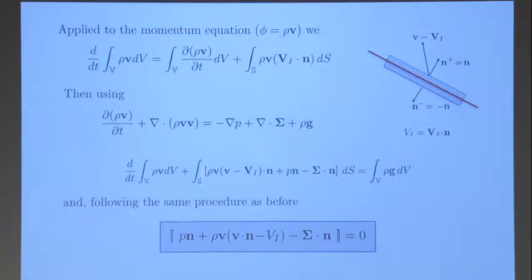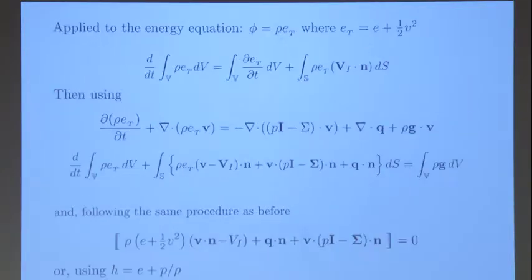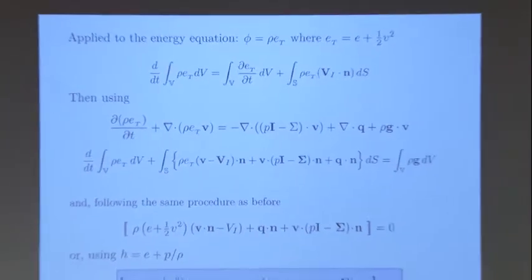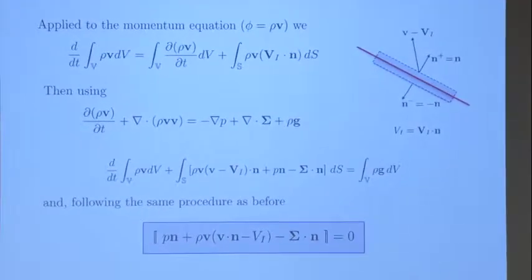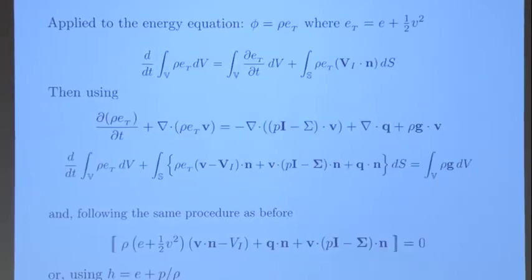And what you get is P dotted with a unit vector n, the momentum rho v times Vn minus Vi, where Vi is the velocity of the interface, and the dot product of sigma with n. Okay? The jump in all this is equal to 0. I didn't do anything to it yet, but I'll simplify it later.